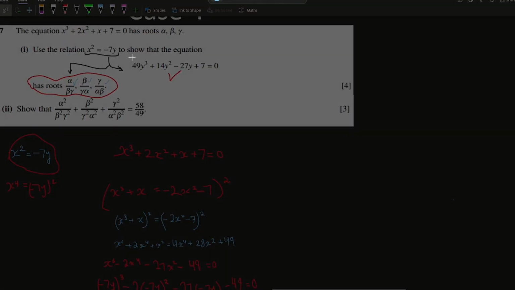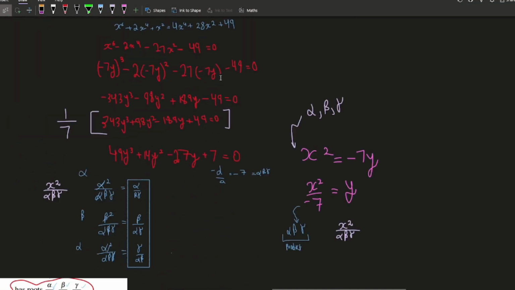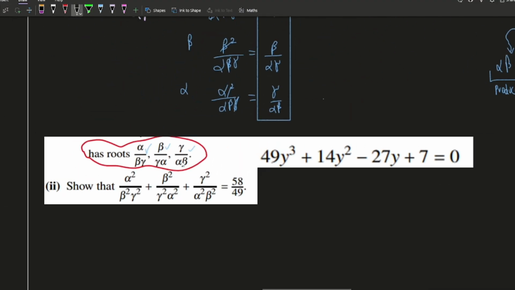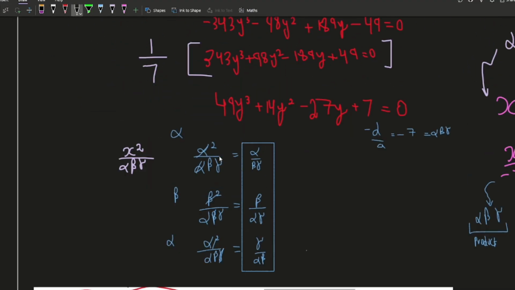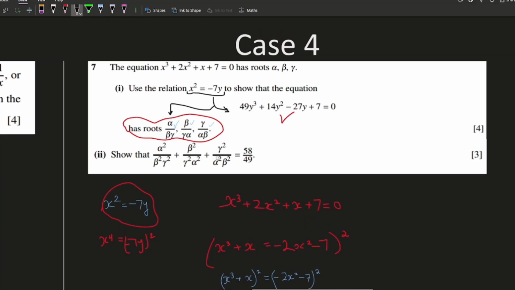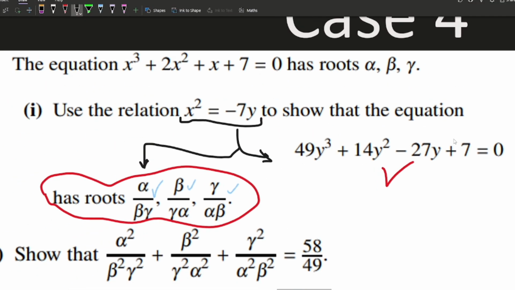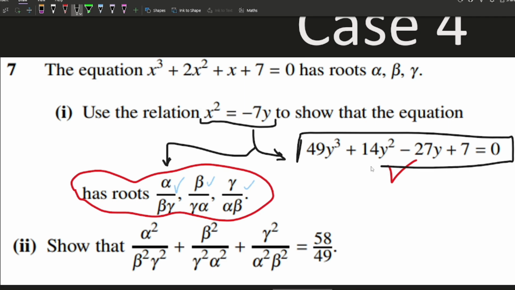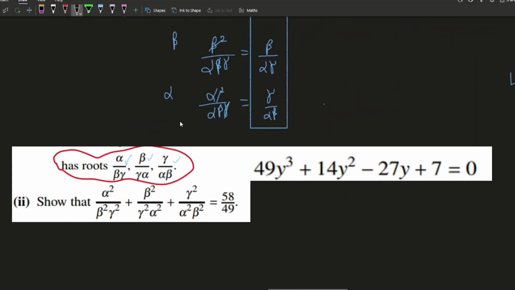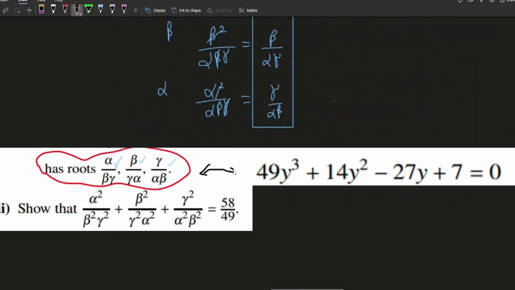Okay, so in the last part, we actually found the equation for this substitution. We found the equation and we are told that this equation has these roots. All right, so these are the roots for this equation, right?